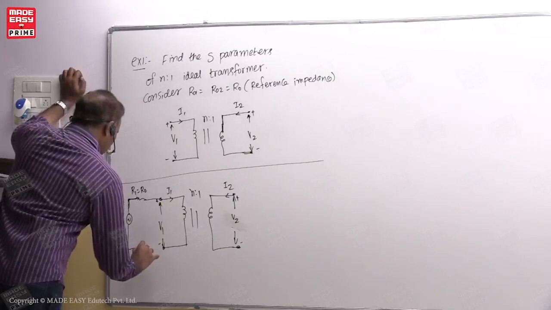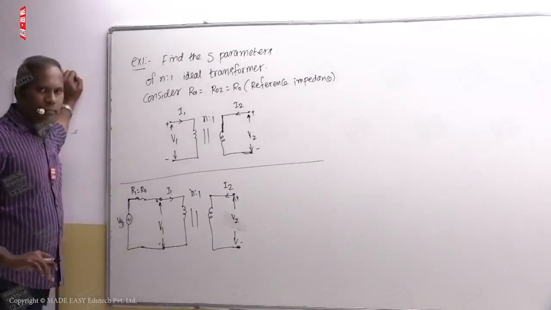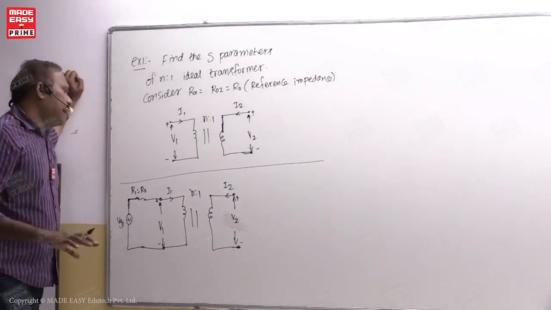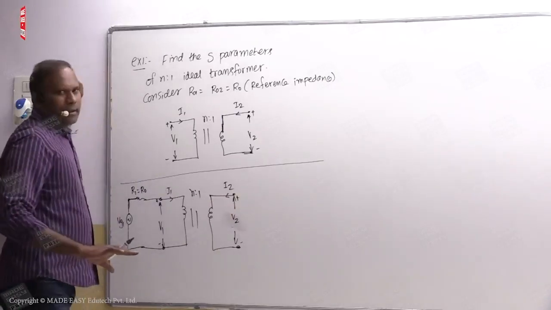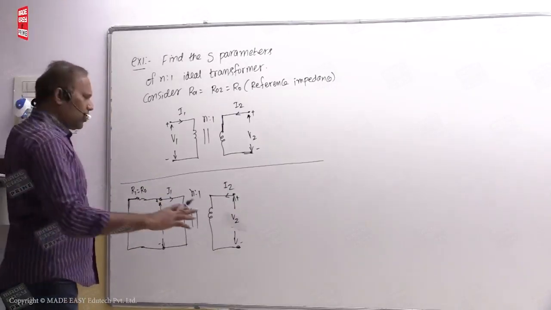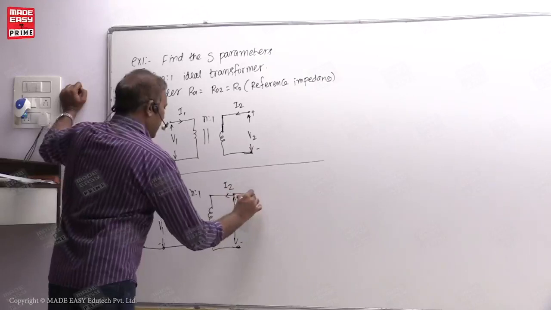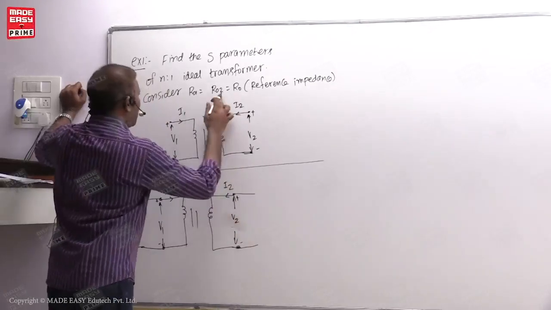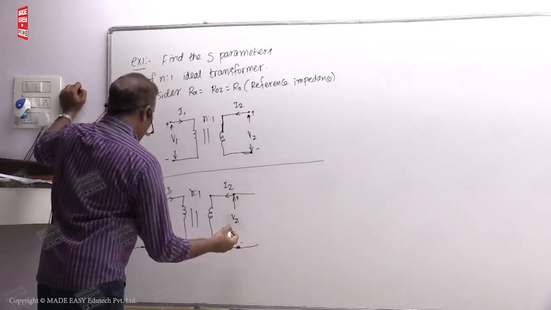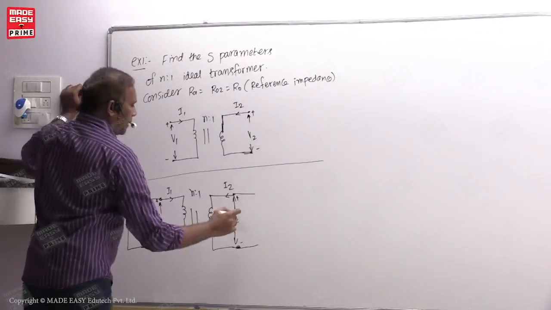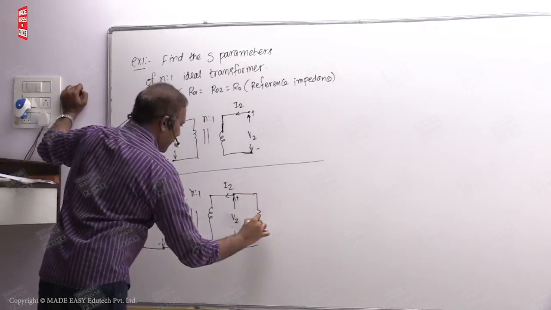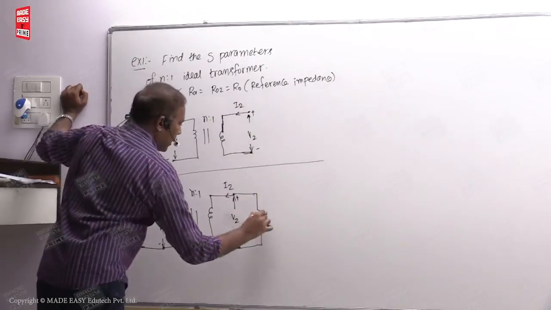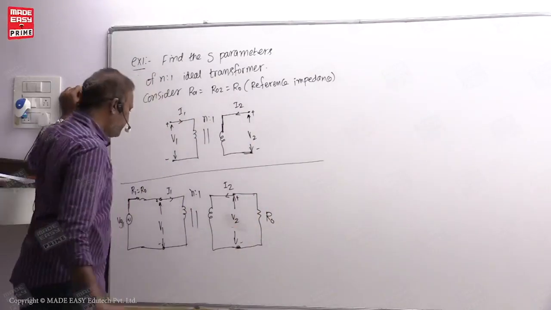Similarly, here it will practically have some load impedance, but you make adjustments in such a way that the overall impedance becomes R2, and that R2 is nothing but R0. You have to take R2 is equal to R0, the reference impedance.